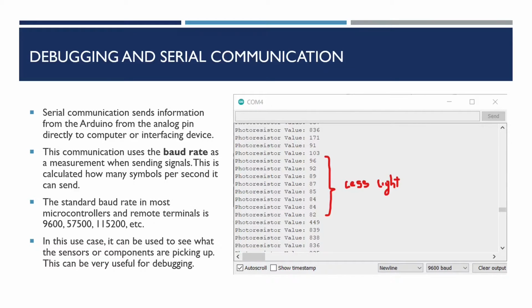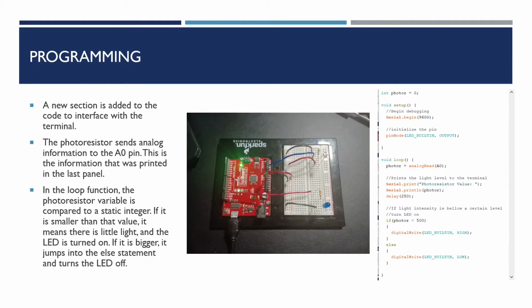As you can see in this screenshot, where there are lower light levels, that's where there is less light, when I turned off the lamp. Alright, a new section is added in the code to interface with the terminal. As we can see on the right-hand side, we have to begin the serial communication at the baud rate. The photoresistor sends the analog information to the A0 pin.